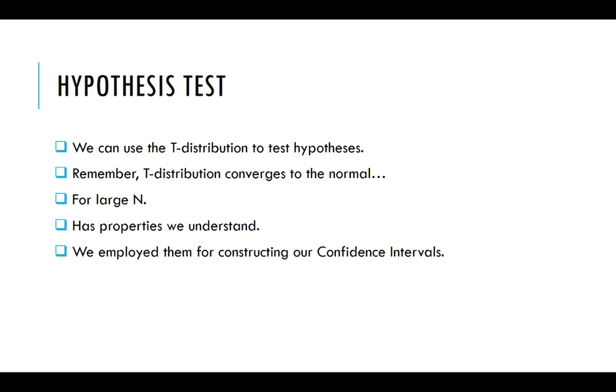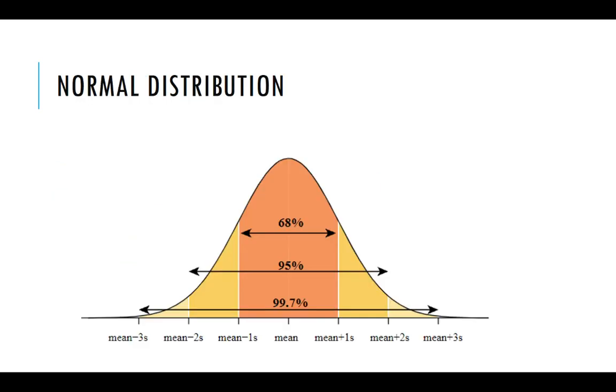So before we move on to hypothesis testing, let's just regroup and take a quick look by reviewing our distributions first. So here's our normal distribution. And remember that normal distribution is bell-shaped and it has these properties related to standard deviations, right?